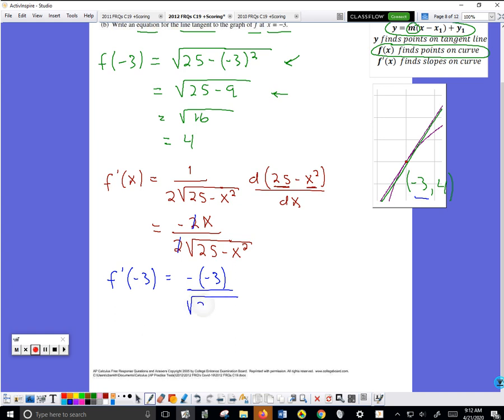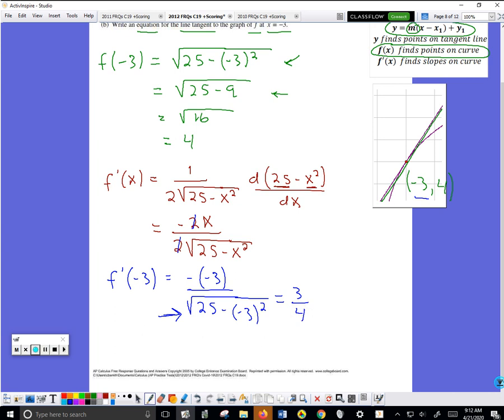I've already done this bottom thing a minute ago, so I know that this denominator is going to be 4. The numerator will be negative times negative is positive. So that's going to be a positive 3/4 is my slope.